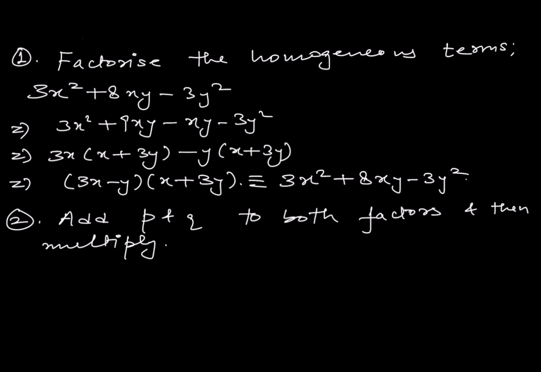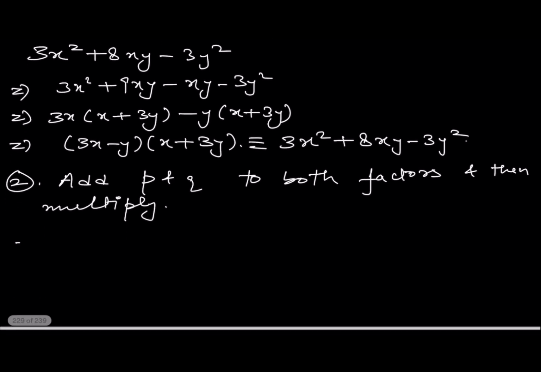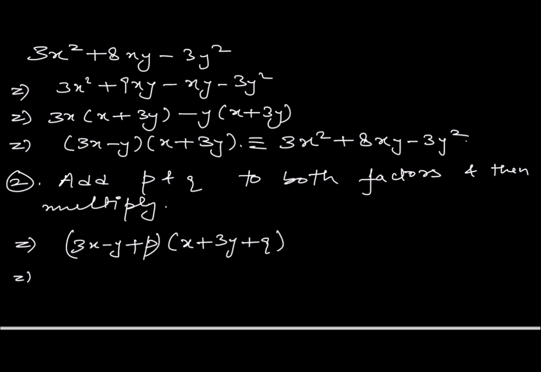So what I am doing, I am adding p to one factor and q to the other factor and then multiply term by term.